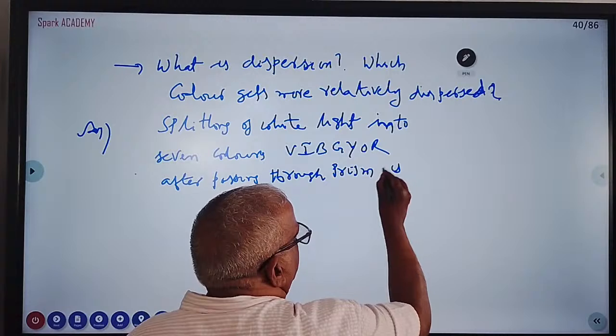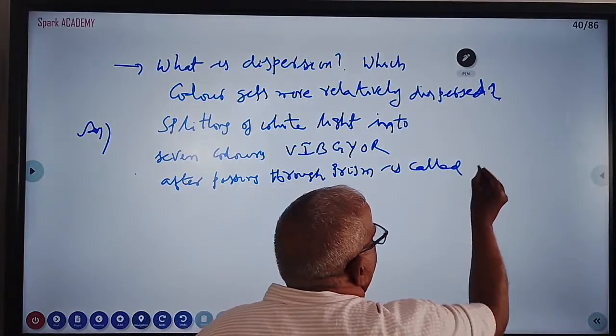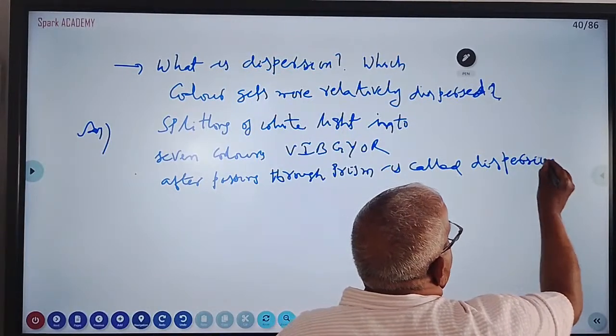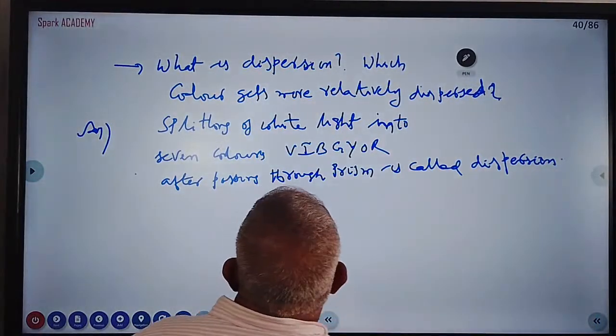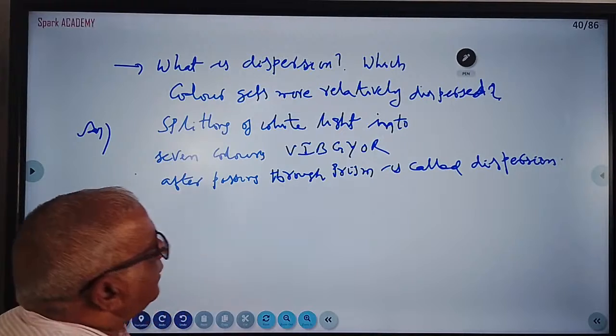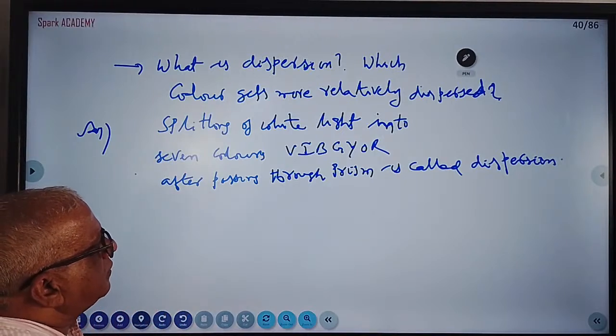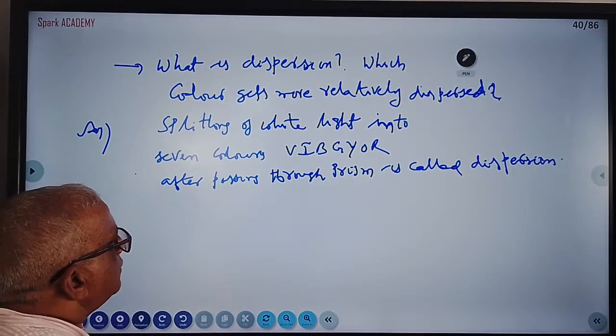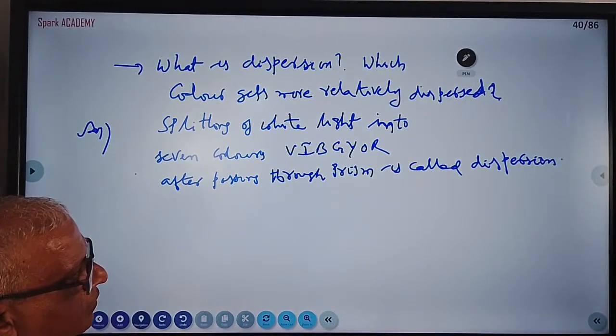You have been learning this from school classes onwards. The splitting of white light into 7 colors after passing through a prism is called dispersion.